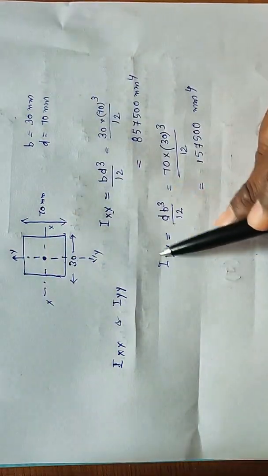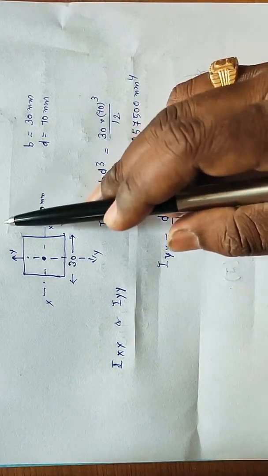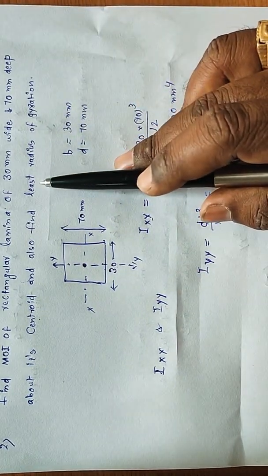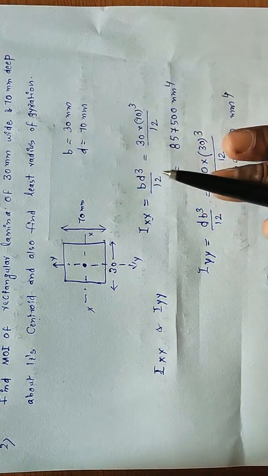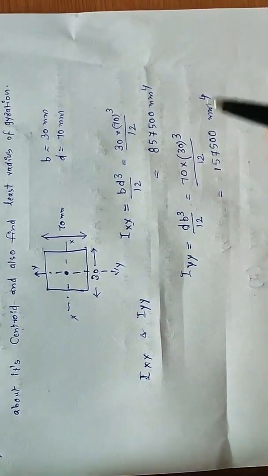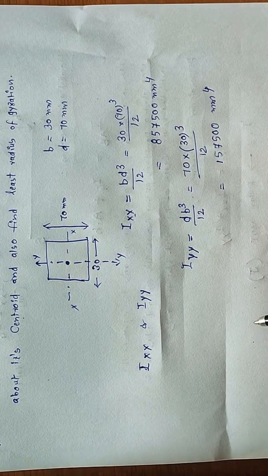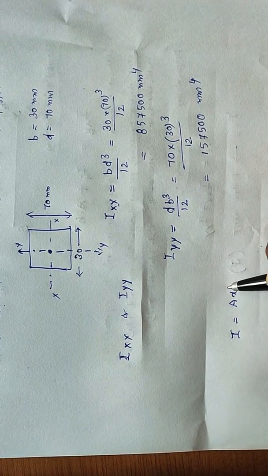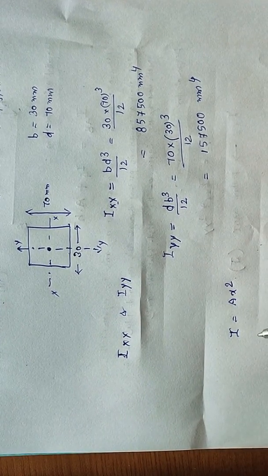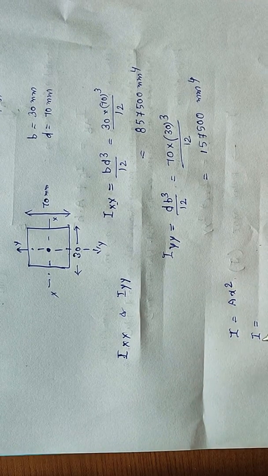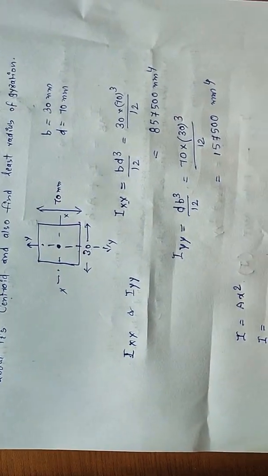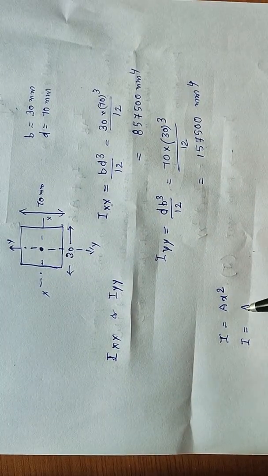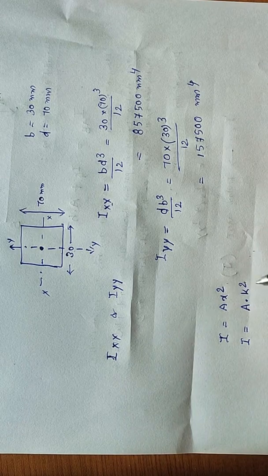So about its centroidal axis we calculated the moment of inertia, and we also have to find the least radius of gyration. We know the radius of gyration k. Moment of inertia generally I equals some area into distance square. When the area is squeezed or concentrated at one point, then I equals area into k square.